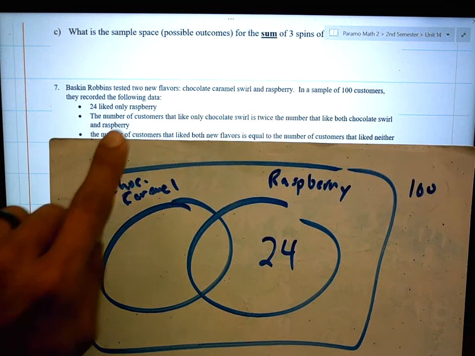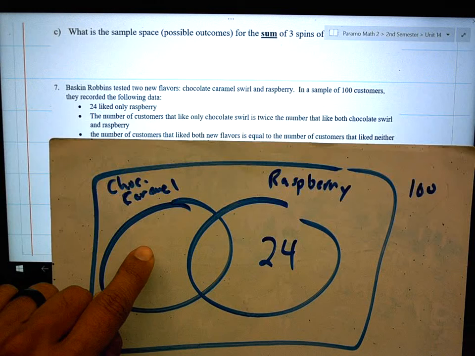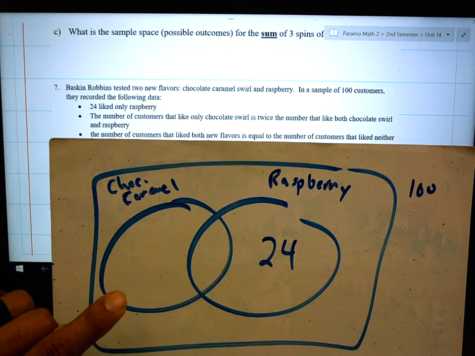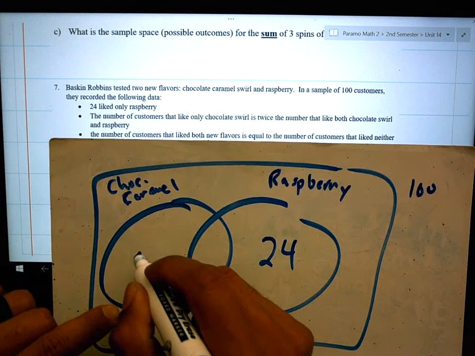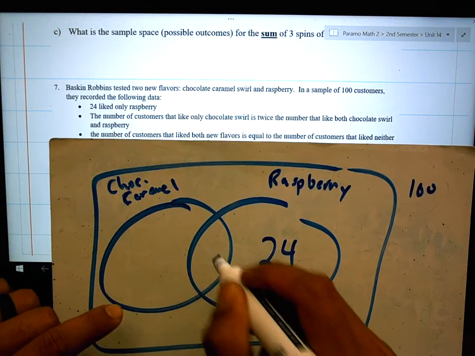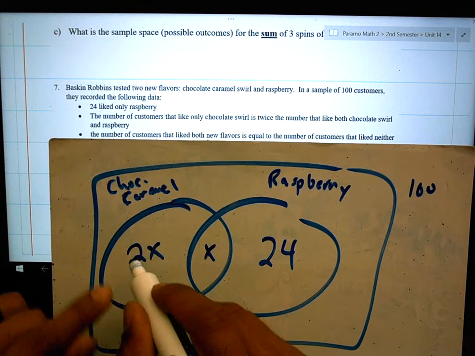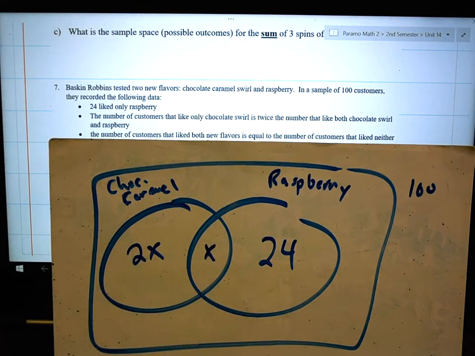Well, we don't know what those numbers are. This has to be twice the amount as this, though. So let's say I don't know what this is. Then this must be 2 times that amount. I put an X and a 2X. This is twice as big as whatever the both is.